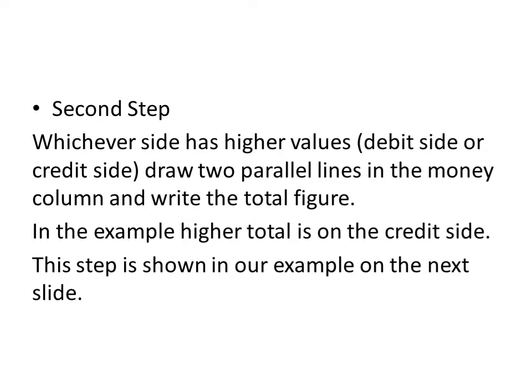The second step is to draw two parallel lines down below the column, whichever column is higher value. So if the debit column has higher value, you draw two parallel lines in the debit column, and if the credit column has higher value, then you draw two parallel lines down below the credit amount column.